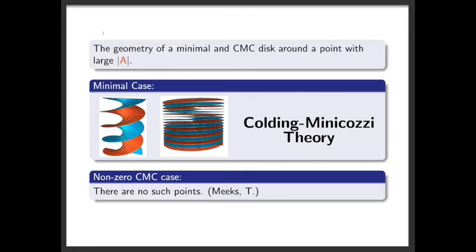Basically, Colding and Minicozzi analyzed the geometry of minimal disks around a point with large norm of A, and they proved that the geometry looks like that of a helicoid. And we analyzed the geometry of non-zero CMC disks around a point with large norm of A, and we proved that there are no such points.